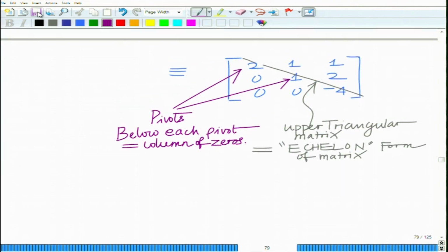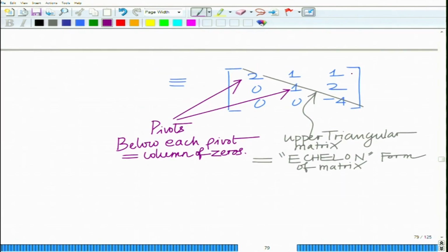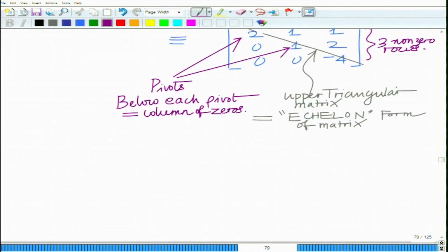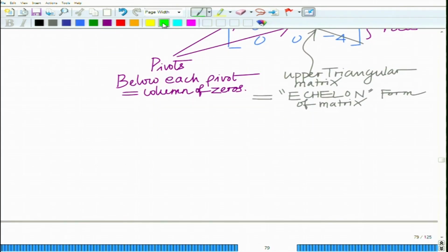And the interesting property here is, if you look at the number of non-zero rows, in this case you have 3 non-zero rows, and the number of non-zero rows is equal to the rank of the matrix. This is an interesting number.